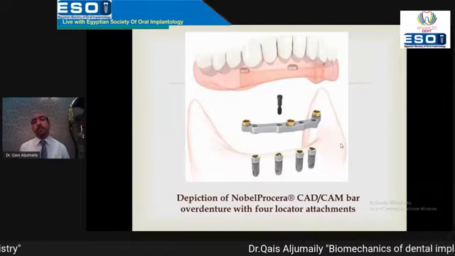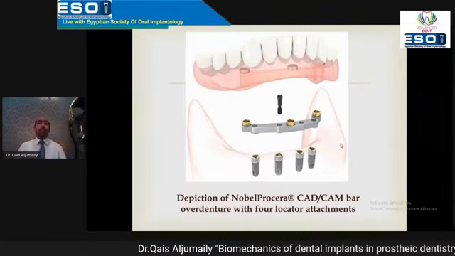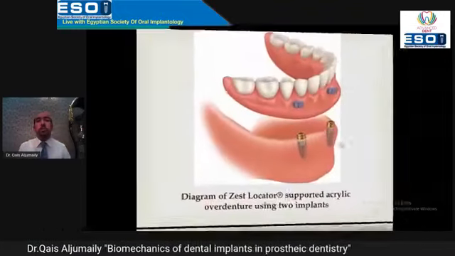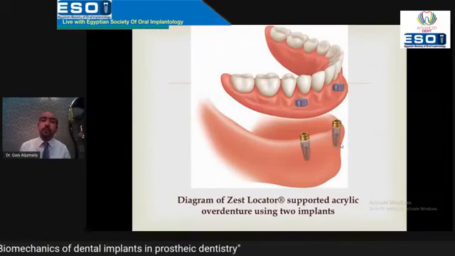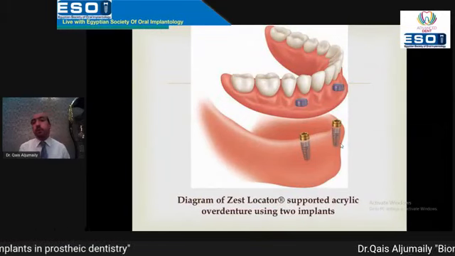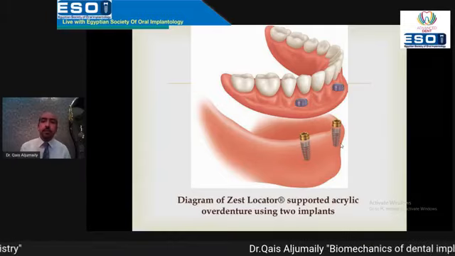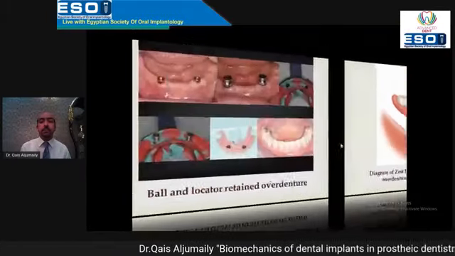We can use a hybrid denture, can use an overdenture. So we can use a locator, for example, or a ball and socket attachment, different designs of attachment.